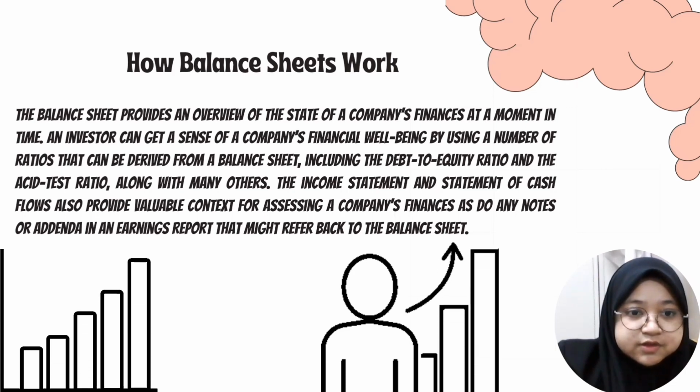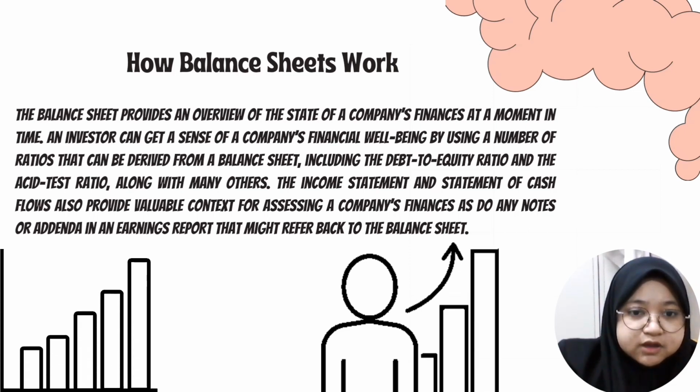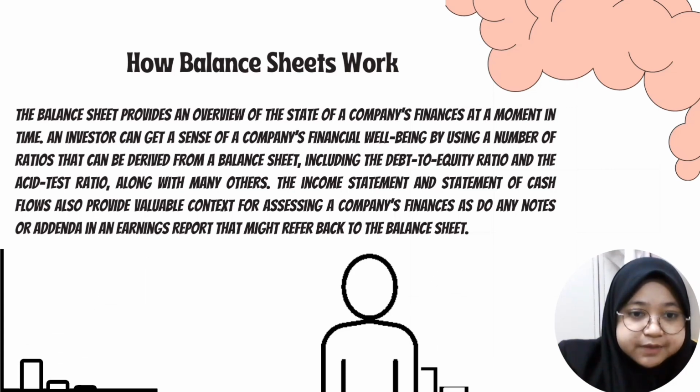The income statement and statement of cash flow also provide valuable context for assessing a company's finances, as do any notes or addenda in an earnings record that might refer back to the balance sheet.